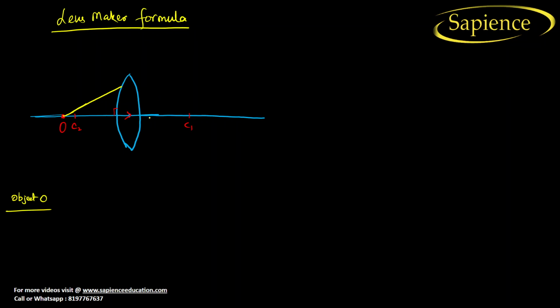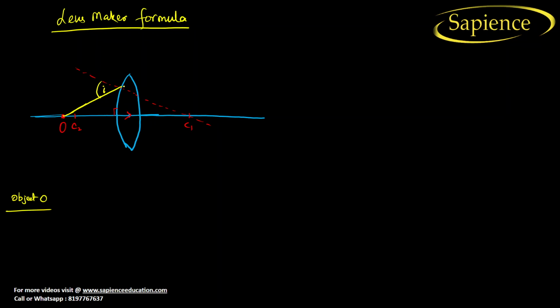what will happen? For this surface, when we talk about the center of curvature, and if we talk about the normal, the normal should always lie along the line passing through the center of curvature. So from here we get an angle of incidence, this is the angle of incidence i.